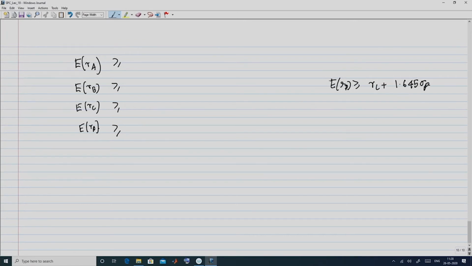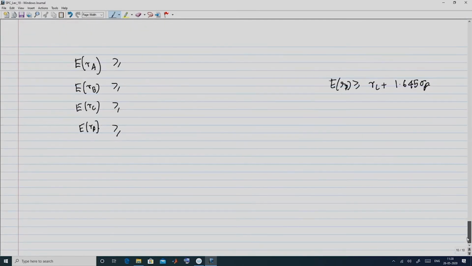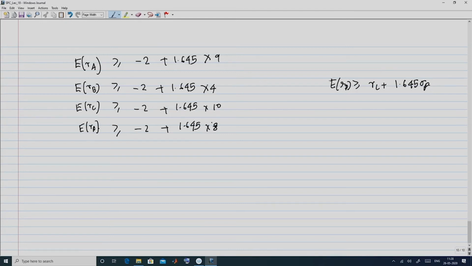So what is the RL? RL I have already specified is going to be minus 2%. So this is pre-specified. Let me put it minus 2, minus 2, minus 2, minus 2, plus 1.645 into sigma p, where the sigmas were 9%, 4%, 10% and 8%.